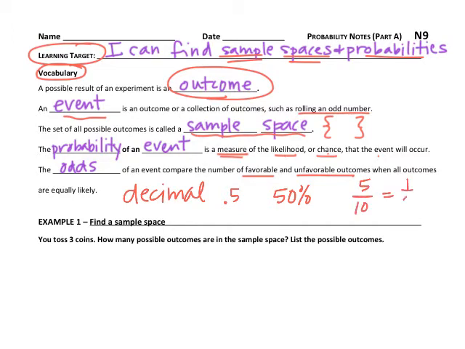When we have fractions, we want to reduce those fractions to lowest terms. So let's say we're talking about the likelihood of it raining. There could be a 0.5 chance that it's going to rain, a 50% chance, or a 1 in 2 chance. So just be familiar with the way that probability can be written in the different forms.